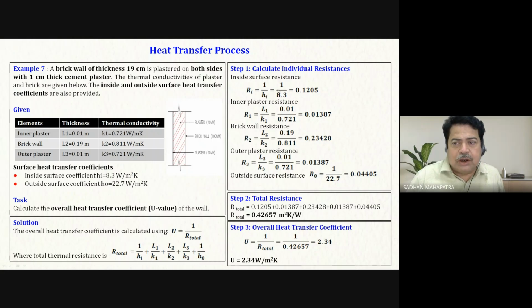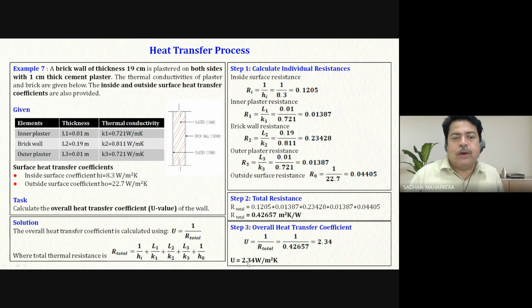Now, you can calculate the individual resistances, and then the R naught, that's the outside. Now, what will be the total? You basically add all these numbers. So R total is 0.42657. What is the U? It is the reciprocal of R total. So U is 1 by R total, and this is 2.34.